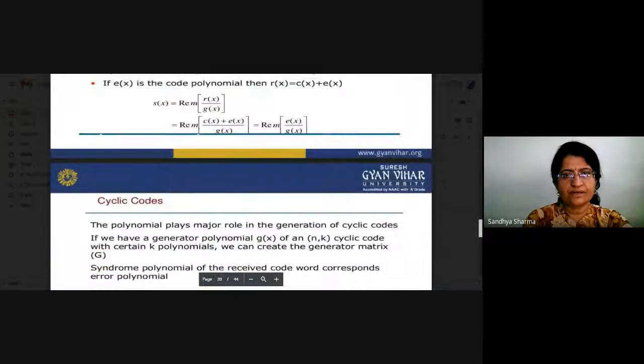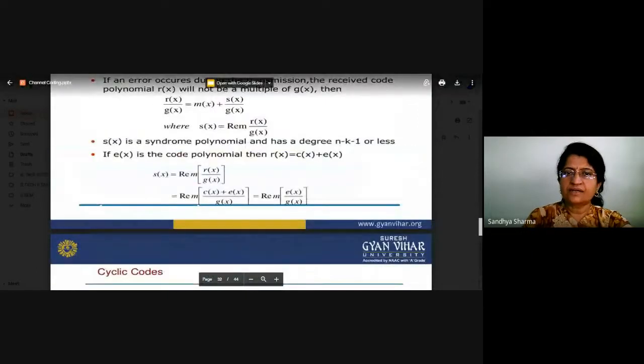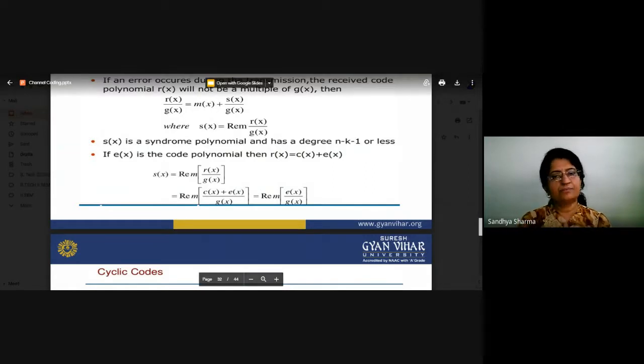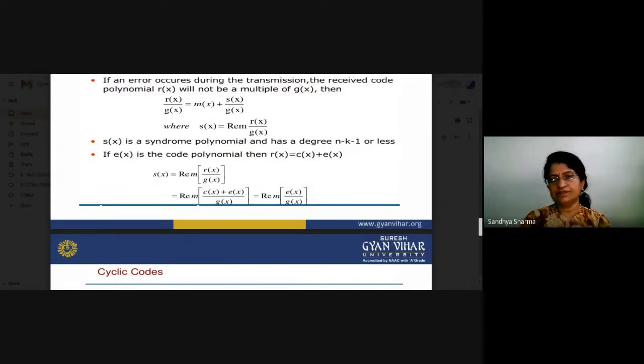As told earlier, the syndrome is equal to Rx upon Gx, and by using this formula we can calculate the syndrome. This also matches the remainder of Ex upon Gx. So by using this we can calculate the syndrome, match it with the particular table, and then do the XOR operation with the code word, and we will recover our signal.